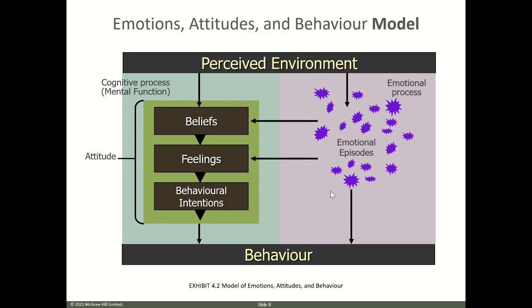Okay, so now on the right-hand side, you can see the emotional process. In the emotional process, there may be some emotional episodes. Episodes, you can say events. So one event happened sometime in your life. A second thing also happened sometime in your life. These are attributes that contribute to having a bad or a good experience.